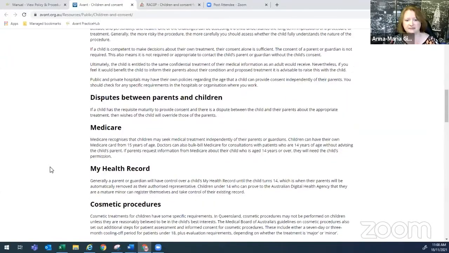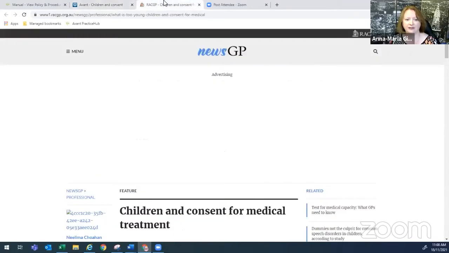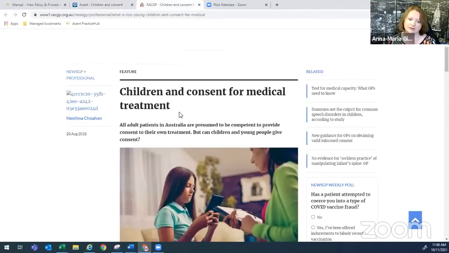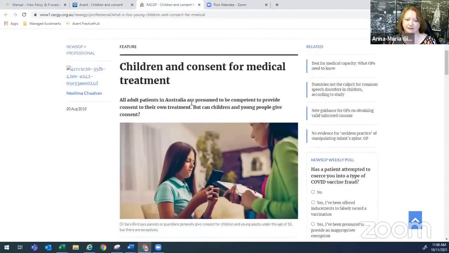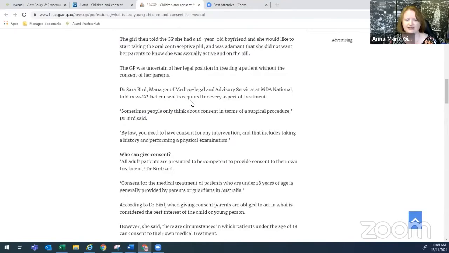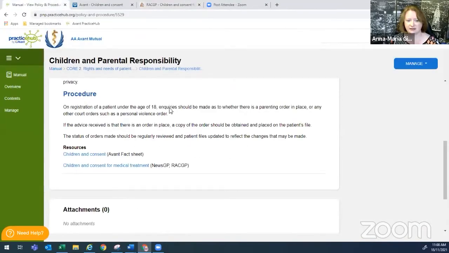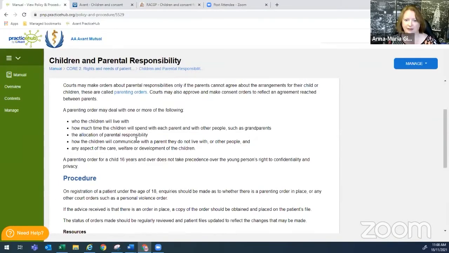And then this fact sheet talks you through when there are disputes between parents and children and so on. The other article here talks about children and consent for medical treatment. So some really good examples, real life examples, and then some recommendations as well. So this, I guess, reinforces that concept of including these sorts of resources to provide additional background information to your policy and procedure.